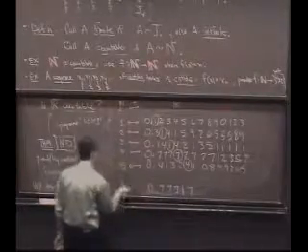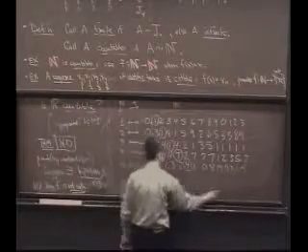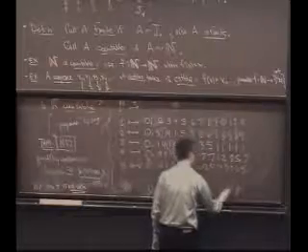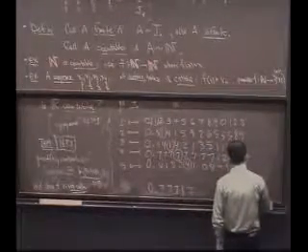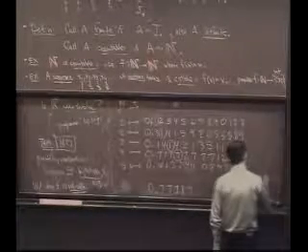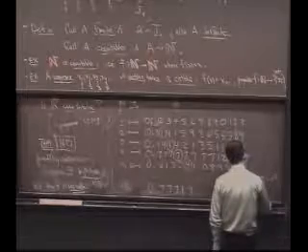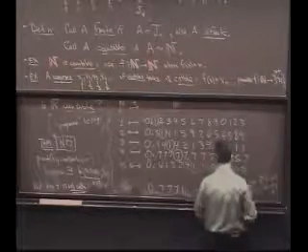I'm going to call this proposed number x star. And the claim is x star is not f of n for any n. Do you see why?